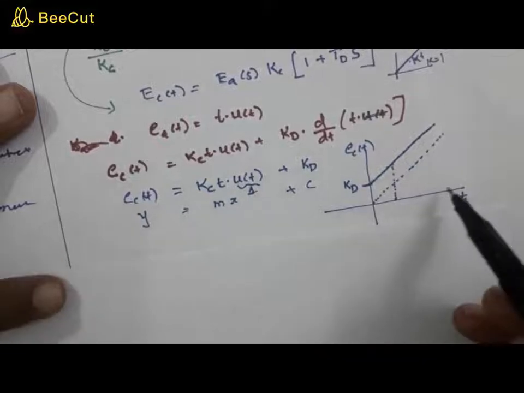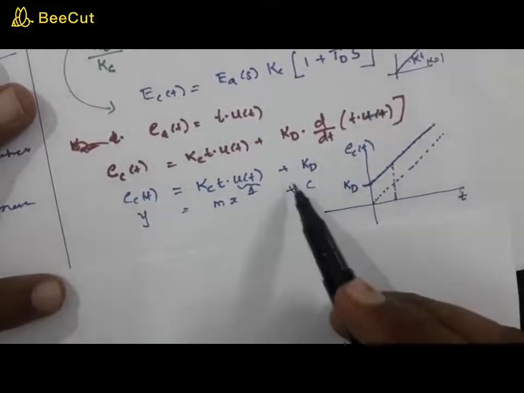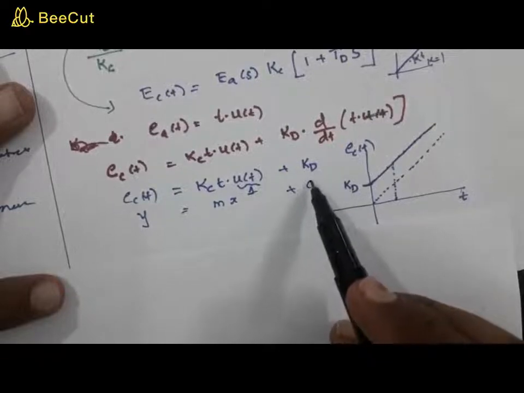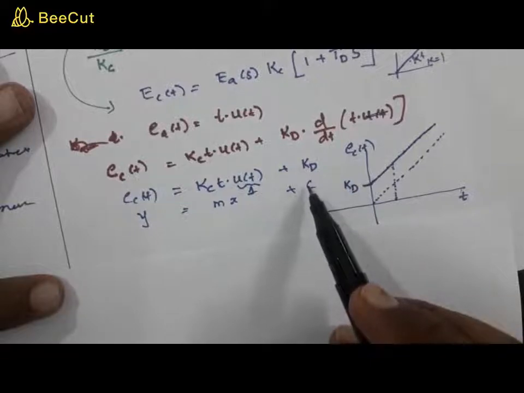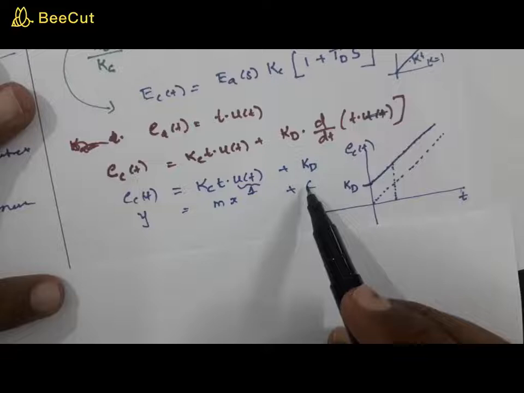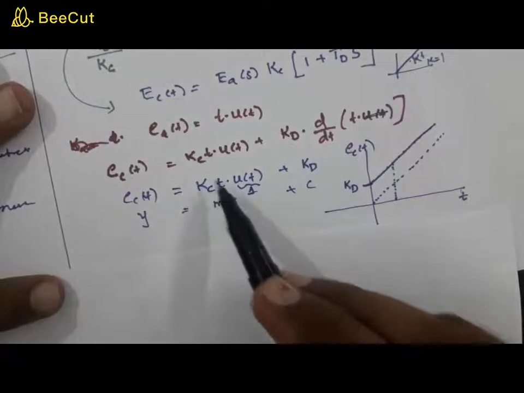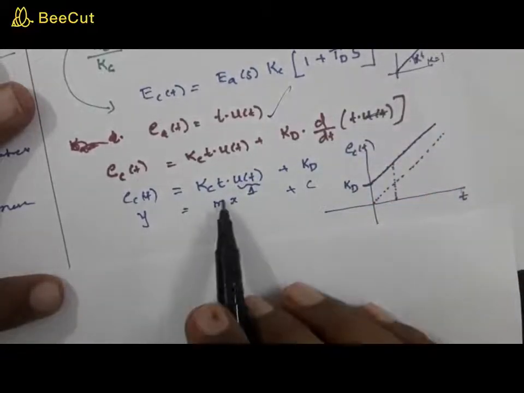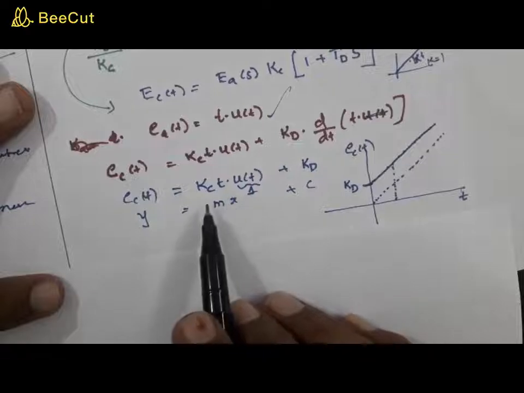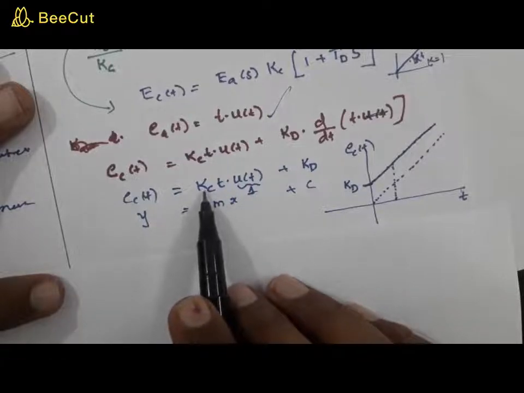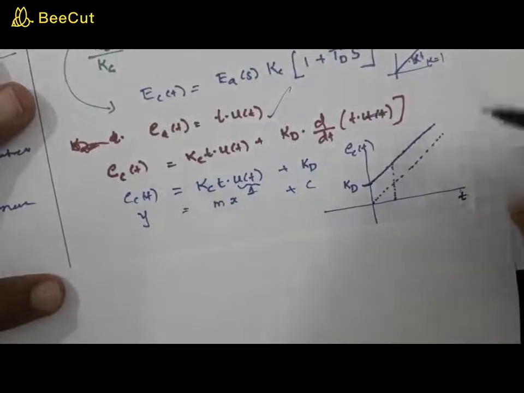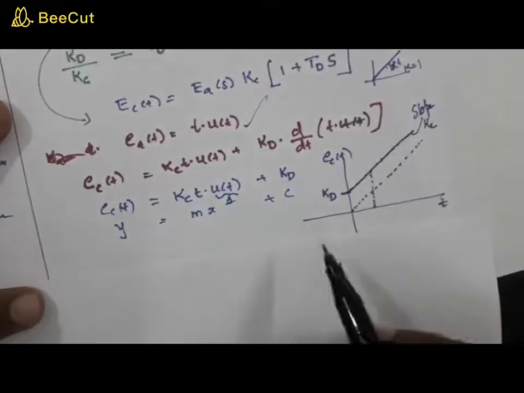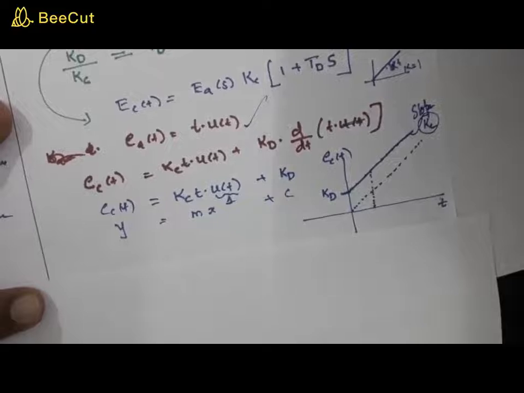So I'm going to draw this. X denotes time t, while Kd is the y-intercept, so this is a straight line which does not pass through the origin. Keeping all these things in mind, you can see that this will not be a unity slope. We started with a unity slope signal, but we got a different ramp input with a different slope, and the slope is equal to Kc, the proportional gain.